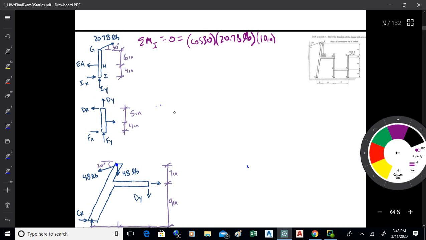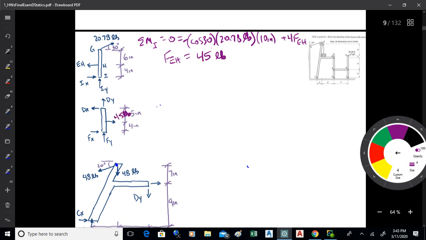I'll notice that's going clockwise, so that gets a minus. Then I would add 4 times whatever FEH is, which I've assumed counterclockwise, so that would be positive. That gets me FEH, and I think that's 45 pounds, so that now becomes a known.